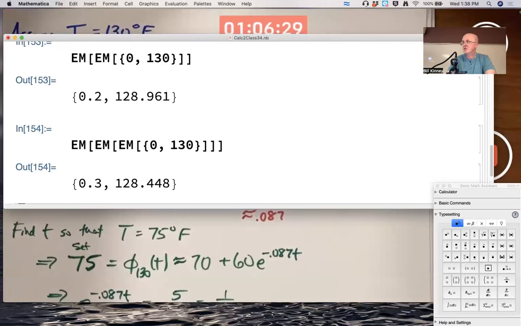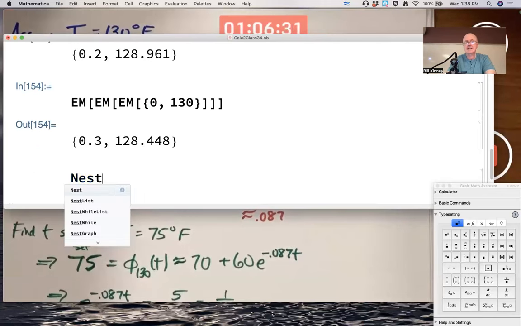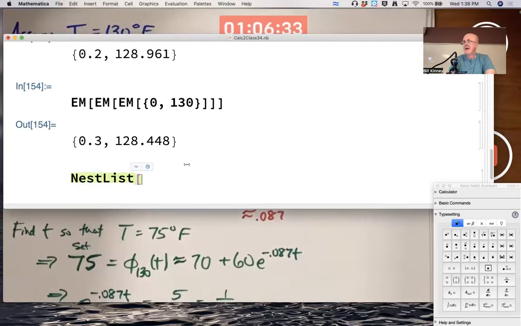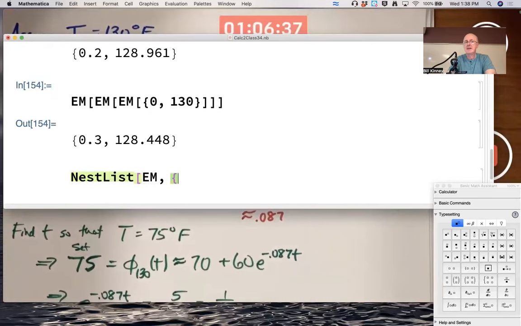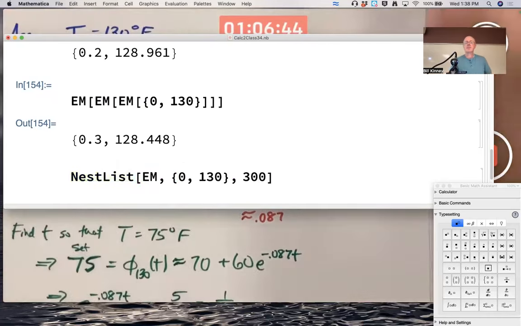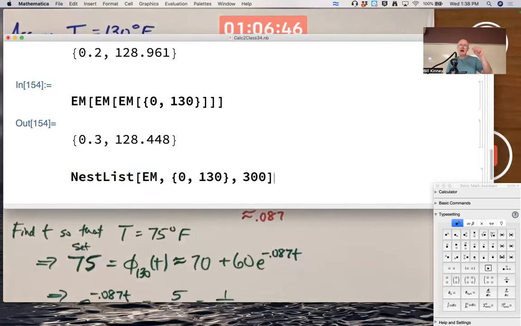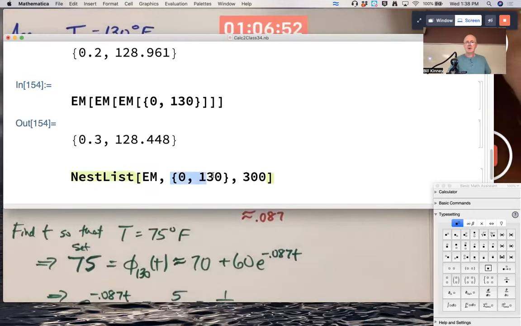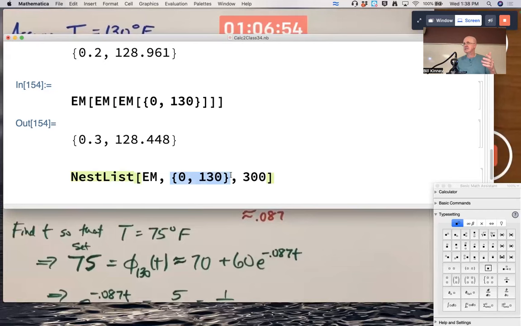The way to get Mathematica to do it quickly is with something called NestList. Capital N, capital L. Put the function name in there, put the initial condition, put the number of steps. Let's go out to 300 steps. NestList will apply the EM function over and over again, in fact, 300 times, with this initial condition, when little t is 0, capital T is 130.